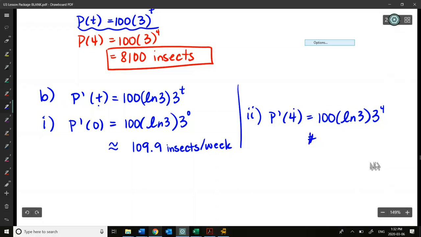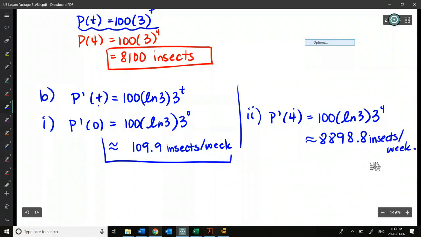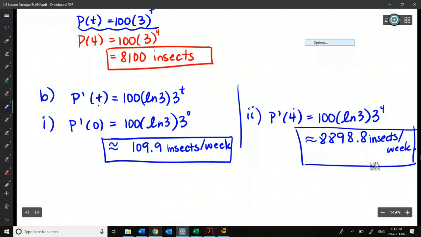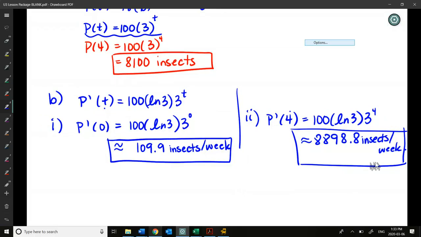Okay, and I guess this is also an approximation, so you should get in your calculator 8,898.8 insects per week. Okay, any questions on this one? We're all good?